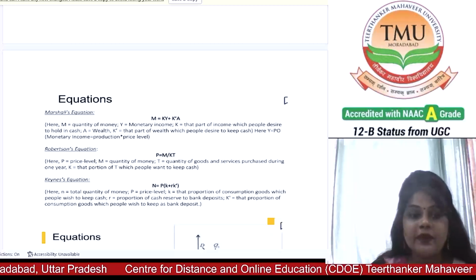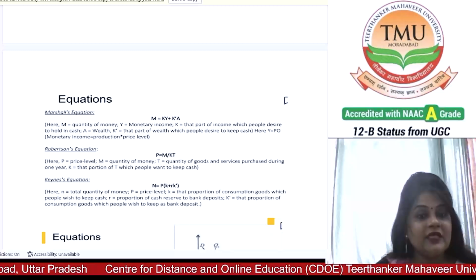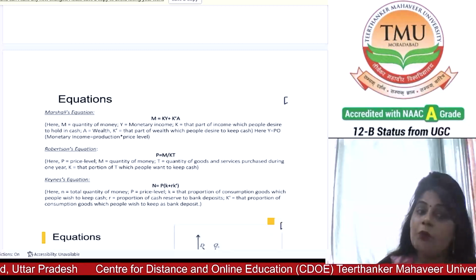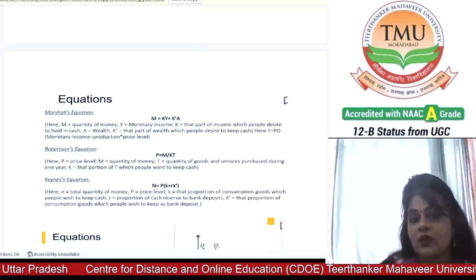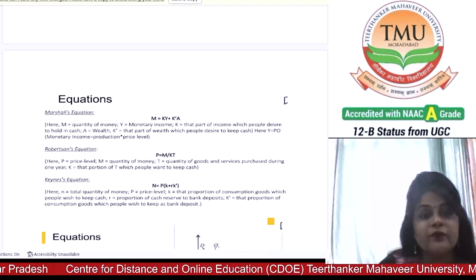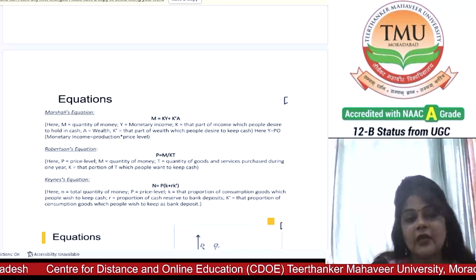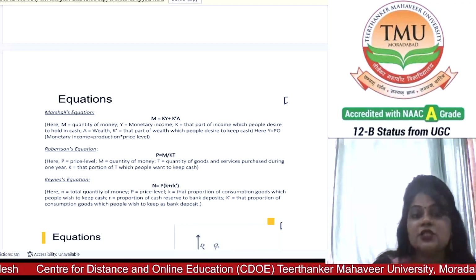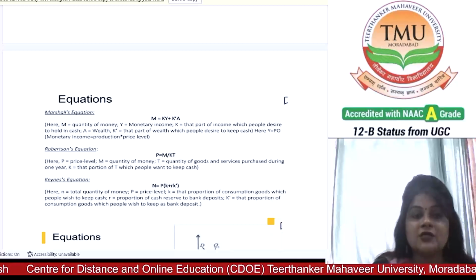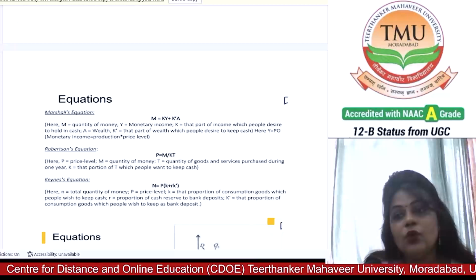As far as the Cambridge approach is concerned, the principal determinant of people's taste for money holding is the fact that it is convenient to have money, being universally acceptable in exchange for goods and services. The more transactions an individual has to undertake, the more cash he will want to hold.